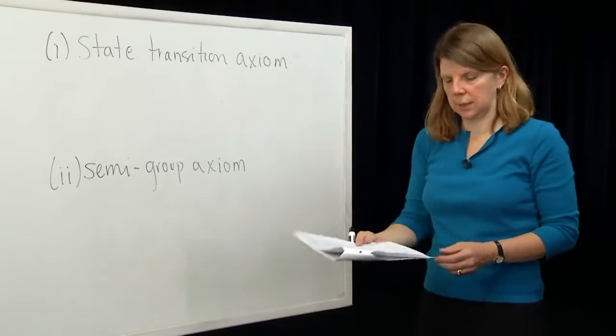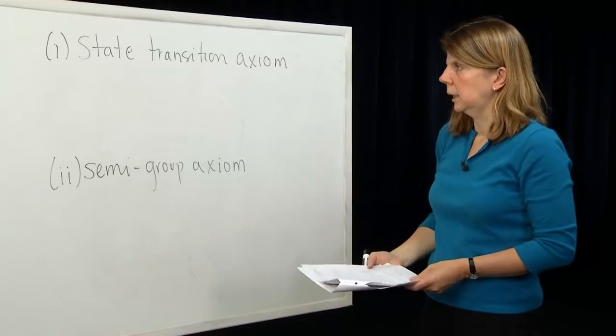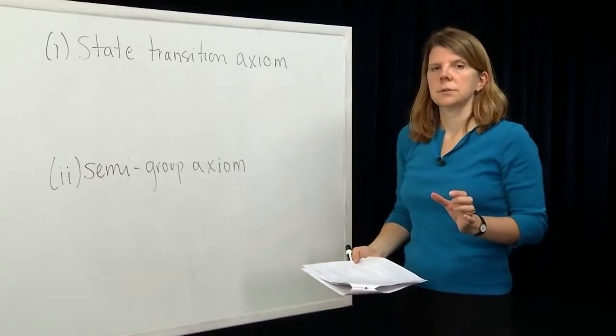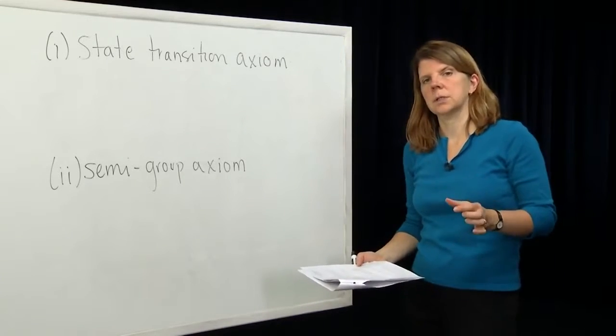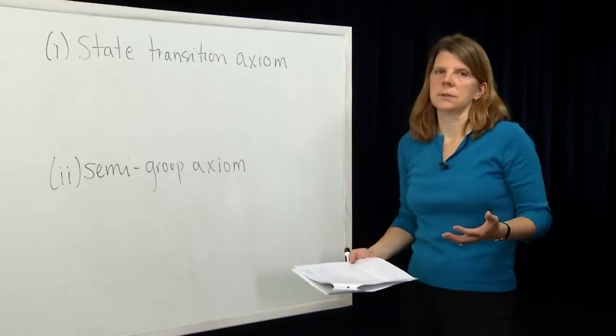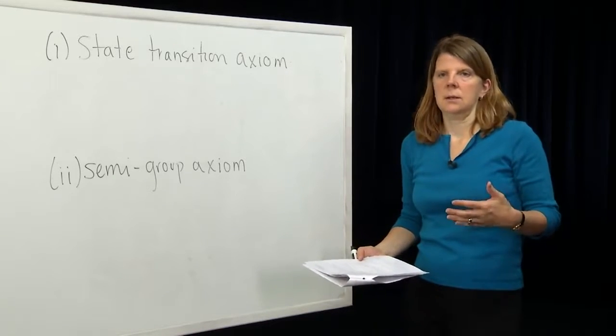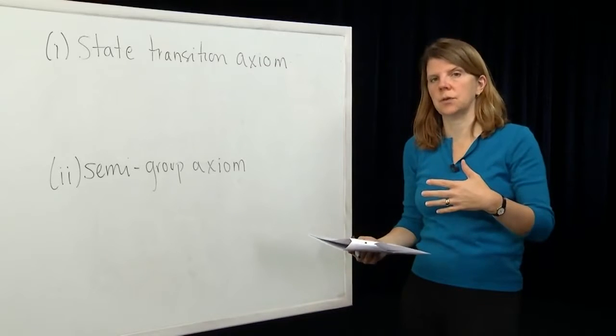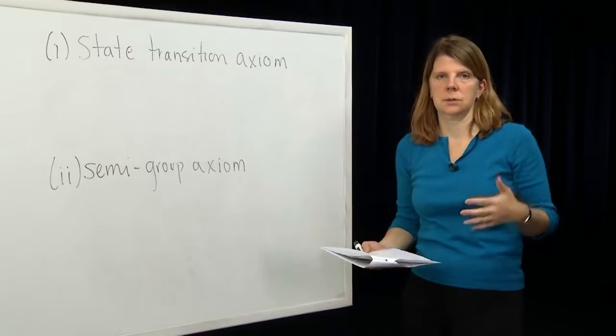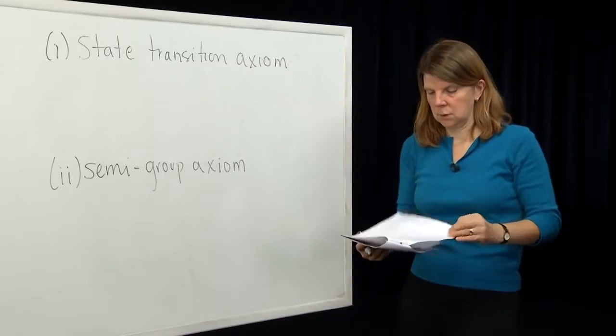The state transition axiom says the following. If the inputs are the same over a time interval and you start at the same initial state, then the state transition function will give you the same result at the end of that time interval.